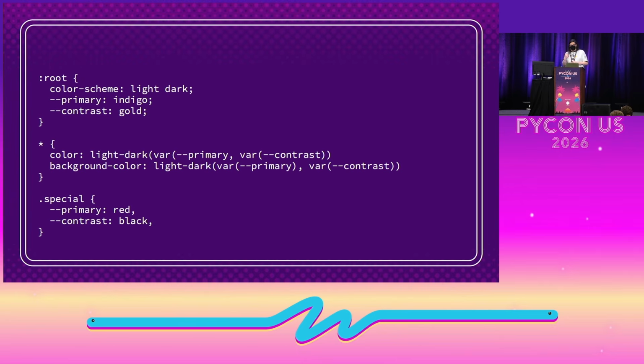And we set color and background color to our primary and contrast and vice versa. Then if you want to change the color scheme for a portion of your page, for example, if we give a special class to a part of the subtree, we can then redeclare our CSS custom properties and get the new color scheme.